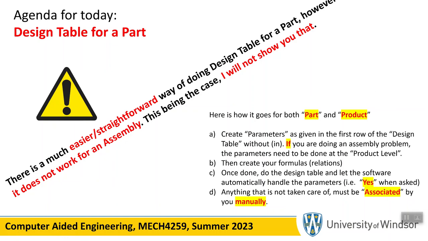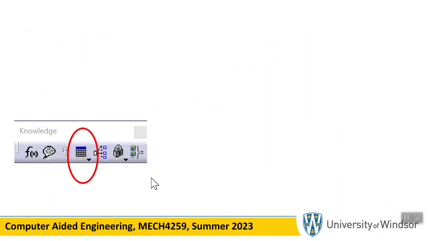Or there are certain things that regardless of how well you spell, it's not going to go through, such as the part name. And if that is the case, then you have to associate those things manually. Now, this obviously doesn't make any sense to you because you don't know what it is, but we'll get to it in a minute. So, first of all, how do you create the design table?